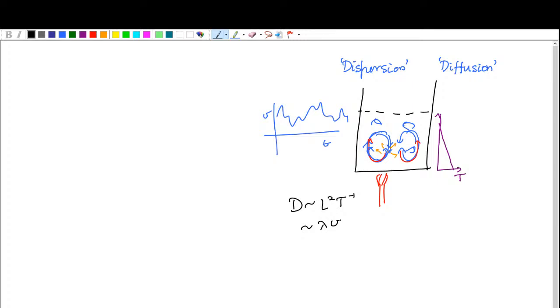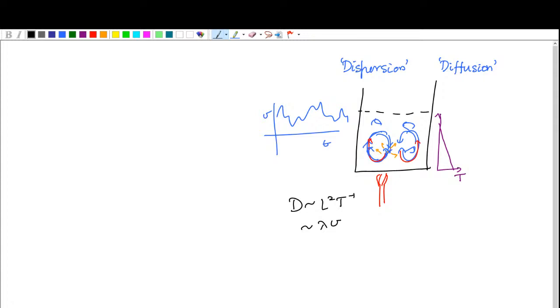The characteristic length scale is the mean free path in molecular diffusion for gases, and the molecular diameter in molecular diffusion for liquids. The velocity is the molecular fluctuating velocity. And for diffusion, both of these can be calculated quite easily.